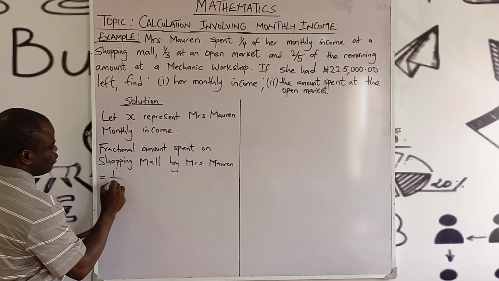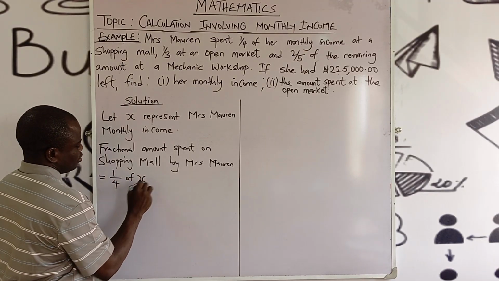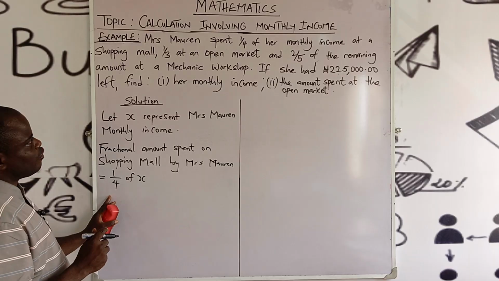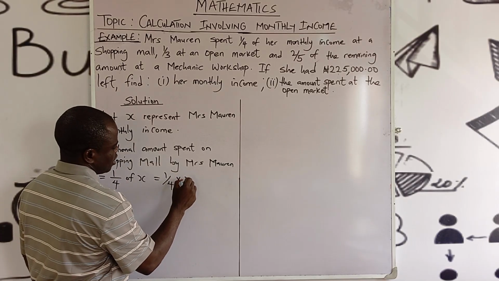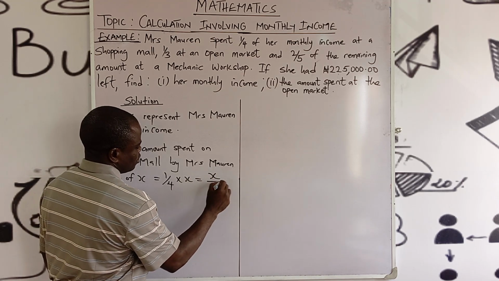This is 1 over 4 of X. X is our monthly income, and 1 over 4 of it means times. That's 1 over 4 times X, which is X over 4.